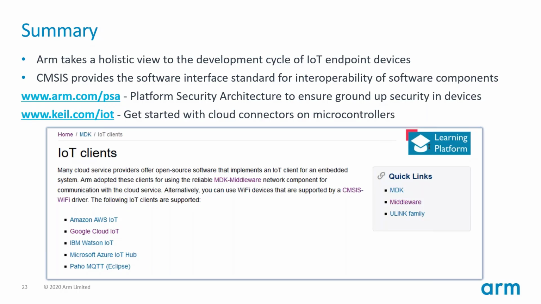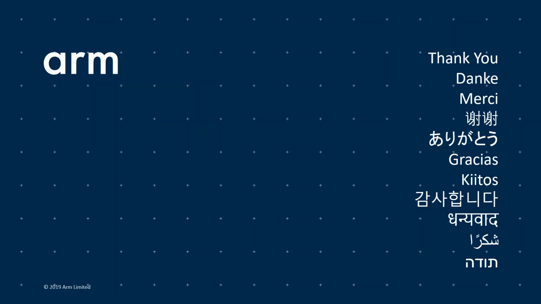You can take a look at arm.com PSA for that. And on keil.com IoT, you can find the various IoT clients with the reference examples that I have explained before. So you can download the reference examples for various evaluation kits, and going forward, we will increase the number of supported boards and diverse microcontrollers that we expose here.